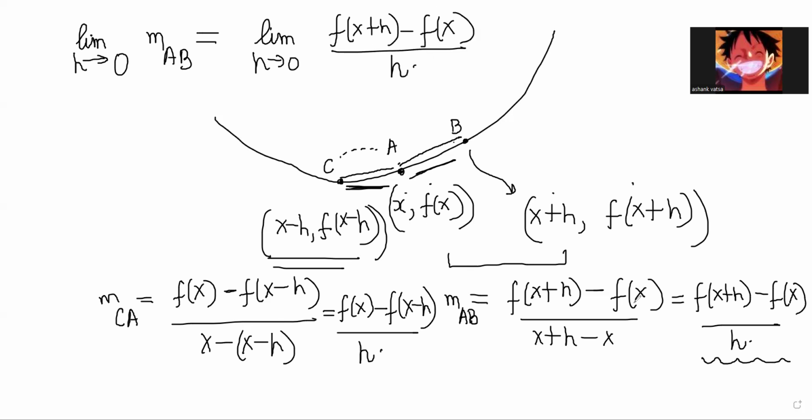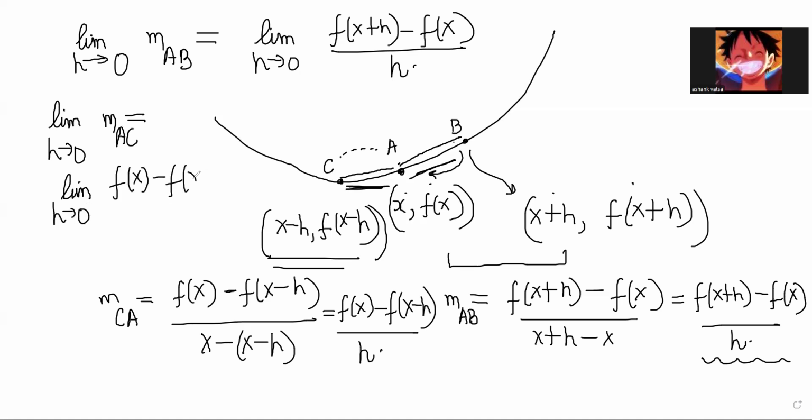Do you understand that when you take the limit h tends to 0, B tends towards A then? B will become really close to A then, right? Yes, sir. Similarly, you also do limit h tends to 0 on the slope of A to C. So that will become limit h tends to 0, f of x minus f of x minus h by h, right?